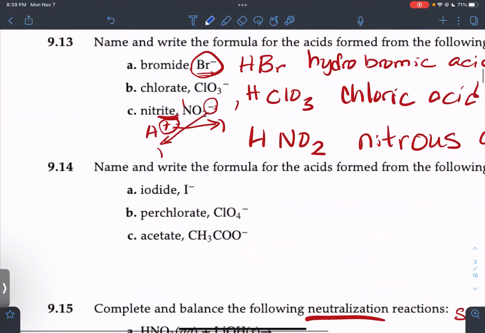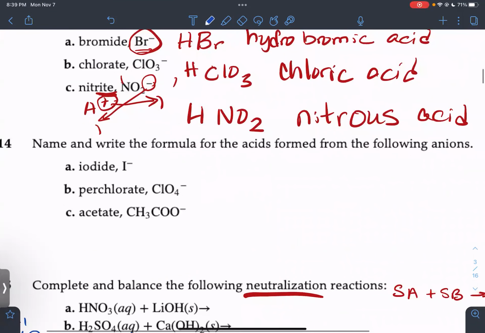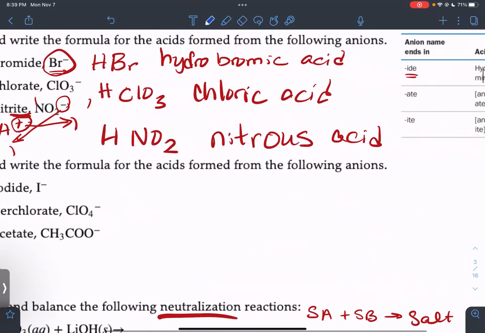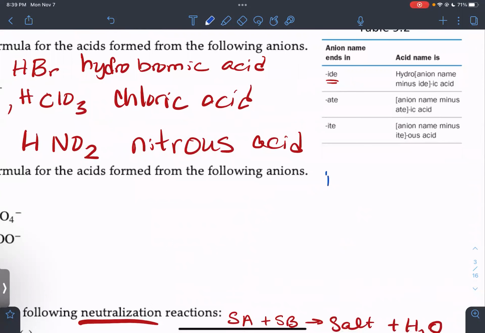Okay. We have to be able to name acids. So you have to go from the formula to the name, and then you have to be able to go from the name to the formula. So remember when you are doing this that there are 2 kinds of acids. We have binary acids.